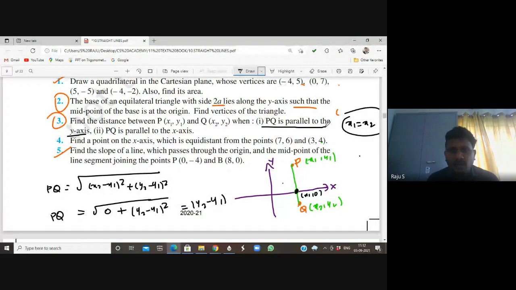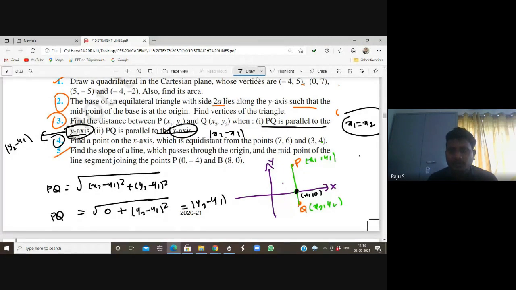Simple: parallel to the y-axis means x1 is equal to x2. Remember, students: parallel to the y-axis, the distance is modulus y2 minus y1. Parallel to the x-axis, it is modulus x2 minus x1. That's it. Got it? A simple question.